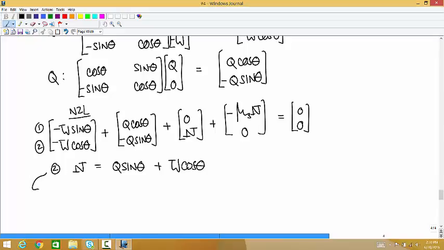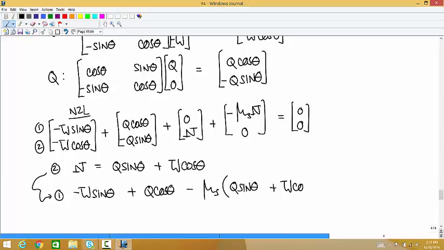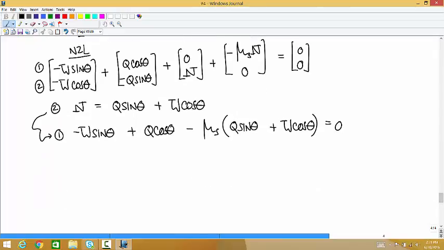And then we'll insert that into equation 1. And we get negative W sine theta plus Q cosine theta minus mu sub s times the quantity Q sine theta plus W cosine theta is equal to 0. And now we can just solve for Q.